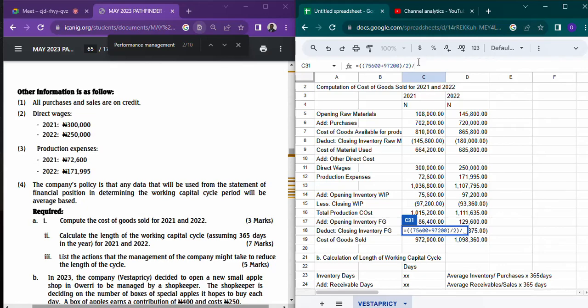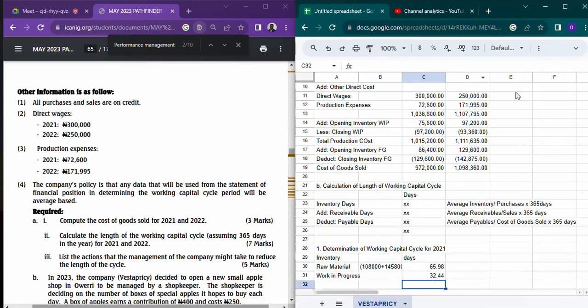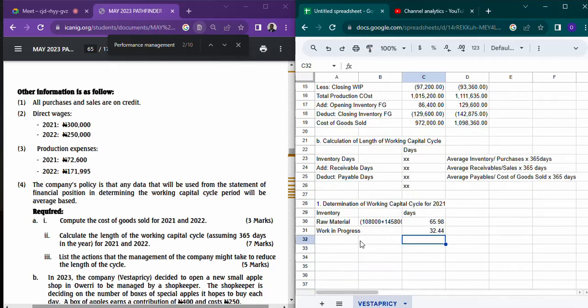Okay, so I should add work in progress now. So divided by the cost of goods sold, and that is 972,000, right? So that's average WIP, divided by cost of goods sold, times 365. So work in progress and payables have the same divisional.